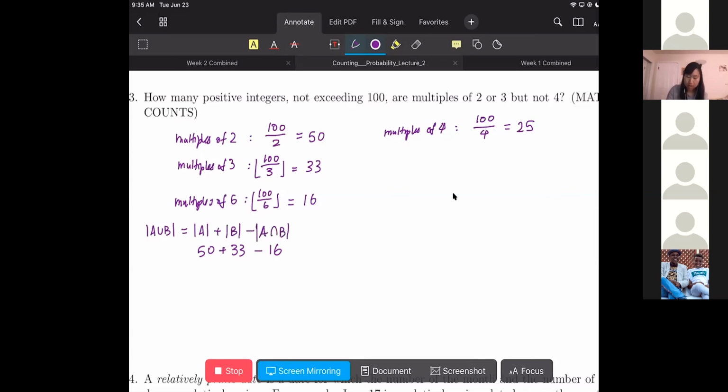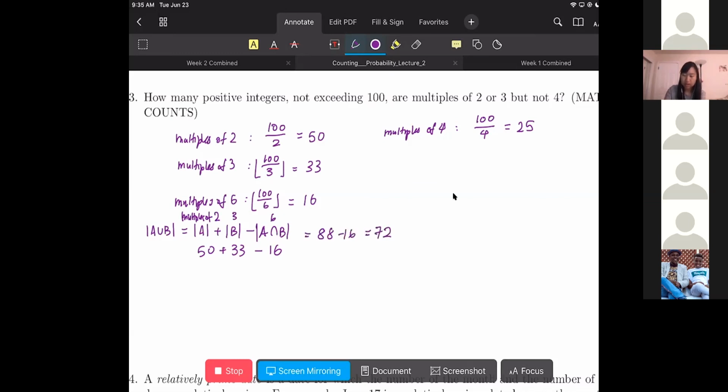In this case, we say A is multiples of 2, B is multiples of 3, and the intersection is multiples of 6. So this gives us 88 minus 16 equals 72.